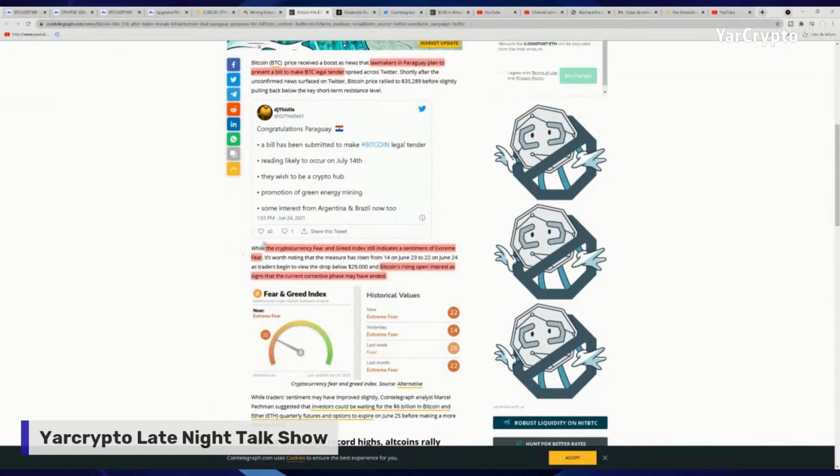Another point in the article, they say the cryptocurrency fear and greed index still indicates a sentiment of extreme fear. But this is changing slowly, especially with these kinds of news and adoption slowly rising in countries.